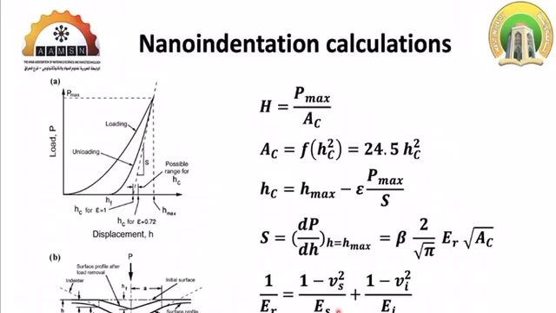Don't worry about all these calculations. The software provided with the nanoindentation machine does all this for you. The raw data comes from the machine as load and distance, and then the software analyzes this data and gives you the hardness of the material as the mechanical property representing plastic deformation, and the elastic modulus as a representative of the elasticity of the material.